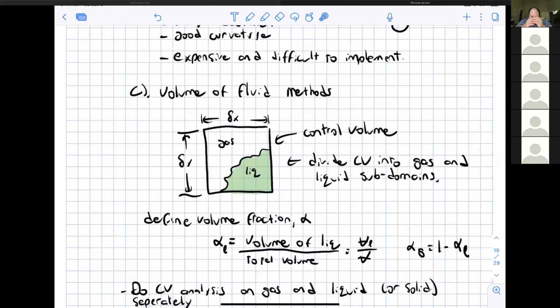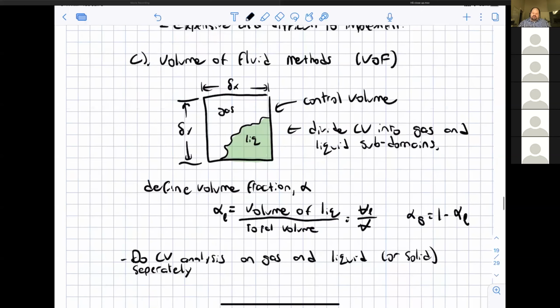The volume of fluid method, or VOF, is nothing more than a special algorithm for solving those equations. And so the starting point for VOF methods is we need to derive the governing equations for a resolved multi-phase flow.